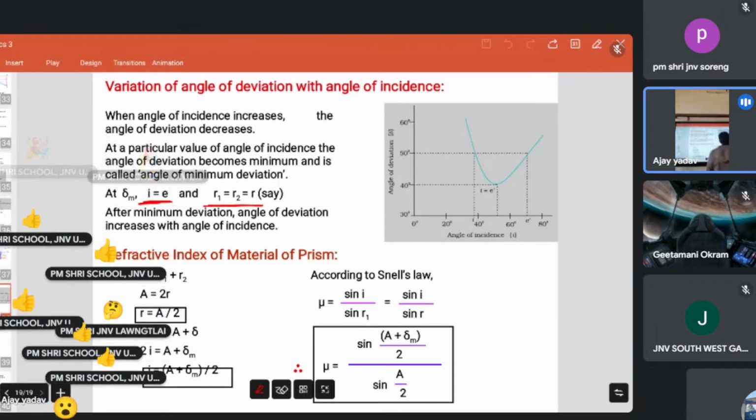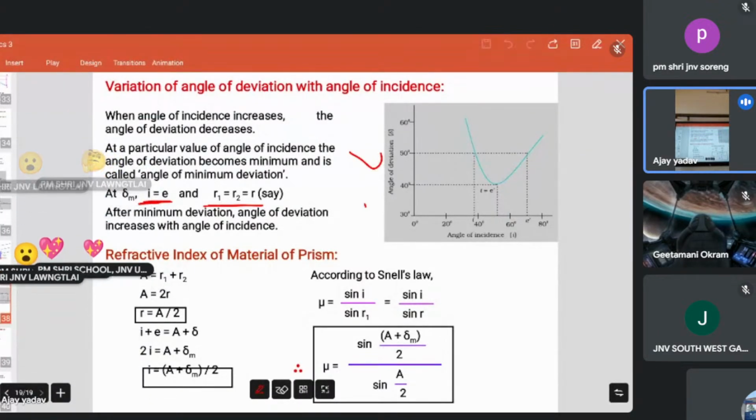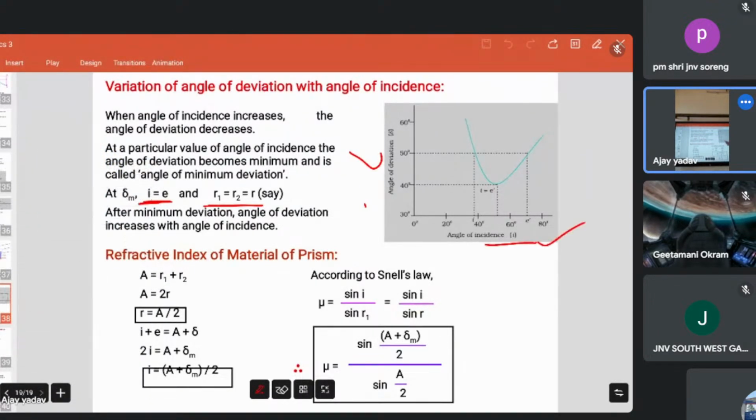So this is the graph here. On the y-axis there is the angle of deviation, and on the x-axis the angle of incidence. As we increase the angle of incidence, first the angle of deviation decreases and reaches a minimum value.